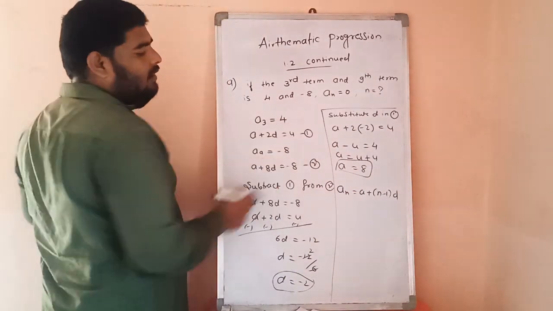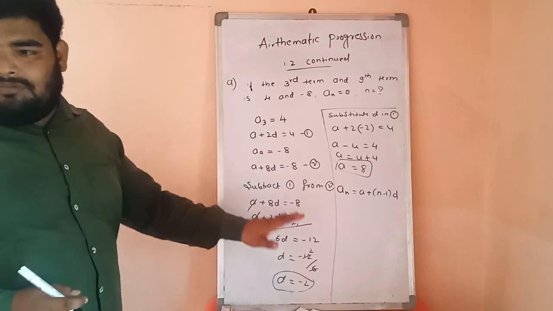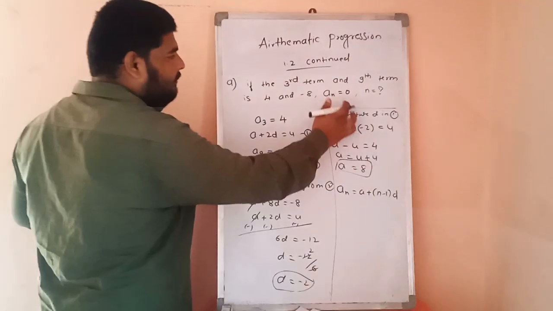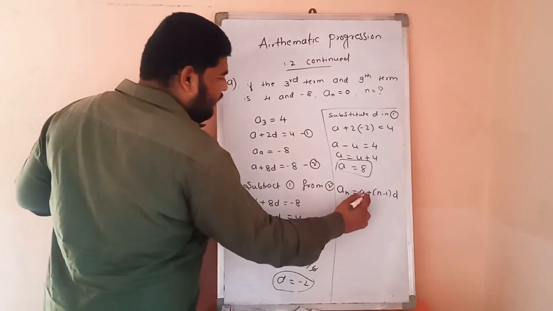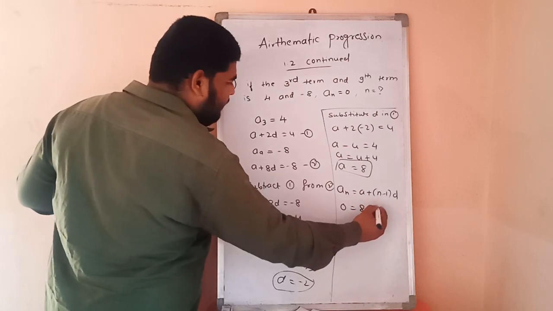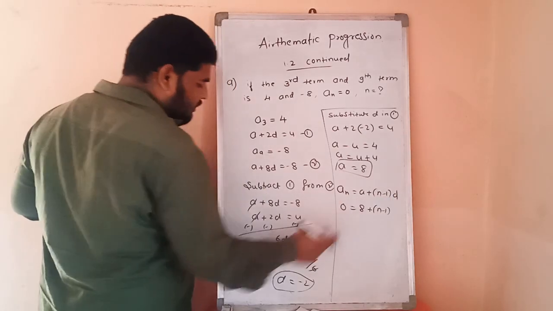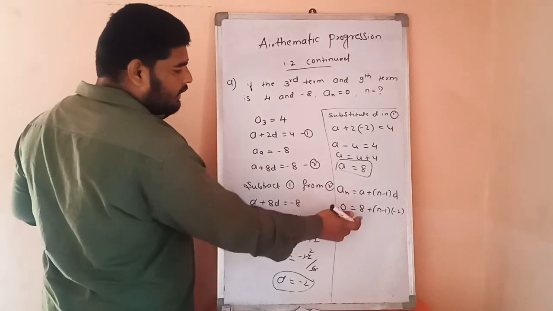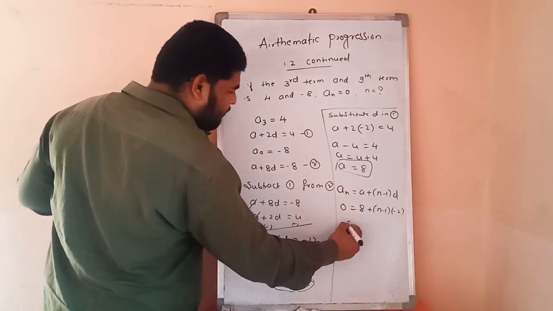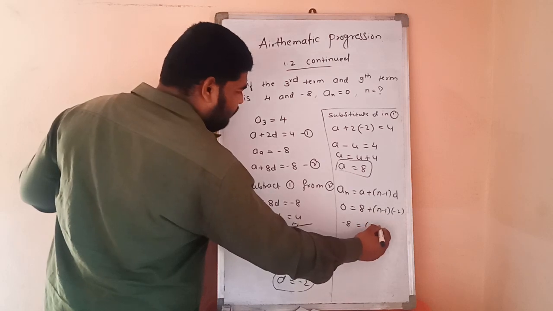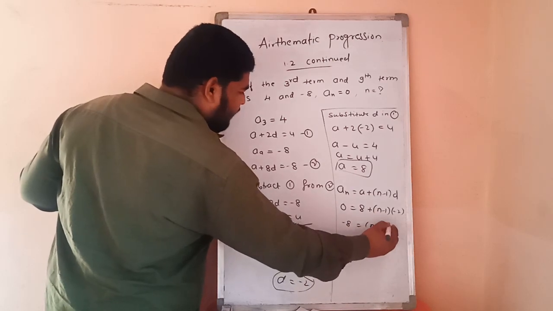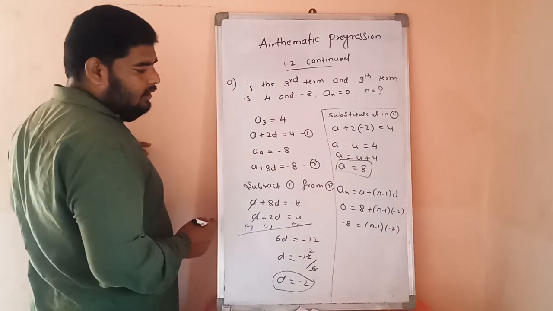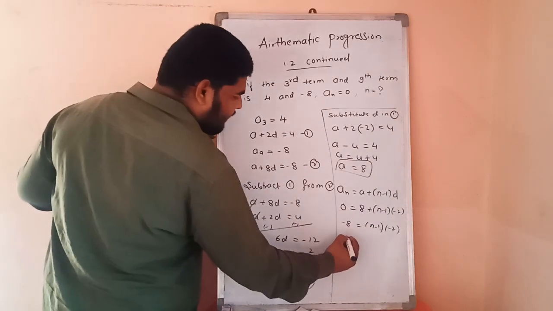Now let us find the value of n. To find n, we should put the formula. So an is 0. The a value is 8, plus n minus 1 as it is, common difference minus 2. Take the 8 to the other side, it becomes minus 8. So n minus 1 into minus 2 equals minus 8. Take the minus 2 to the other side and divide.